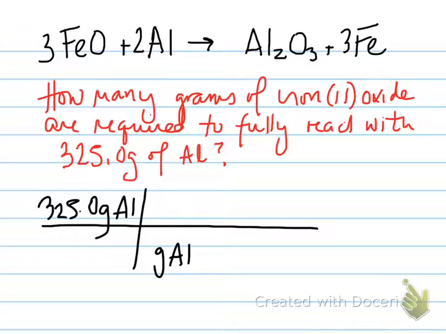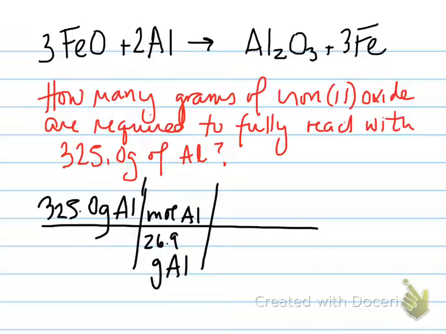Grams of aluminum. What units, what chemical on top of that? Moles of aluminum. Because we know we have to work our way towards our mole ratio. What numbers are we going to put in here? Yep. 26.98 grams is 1 mole of aluminum.